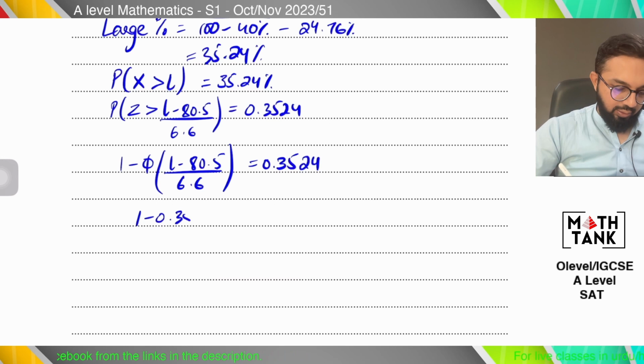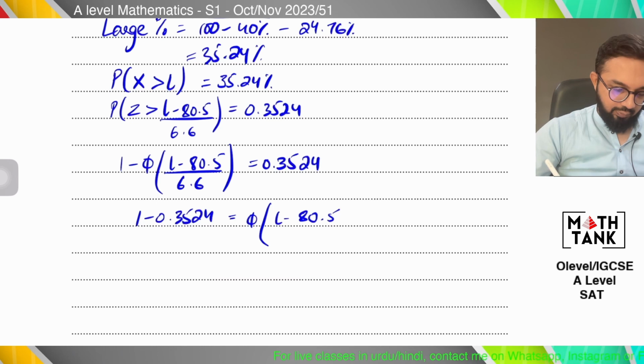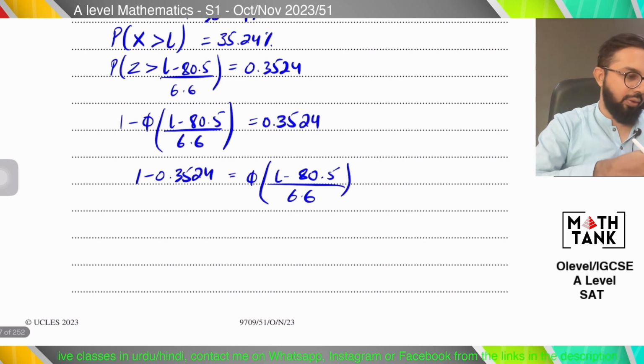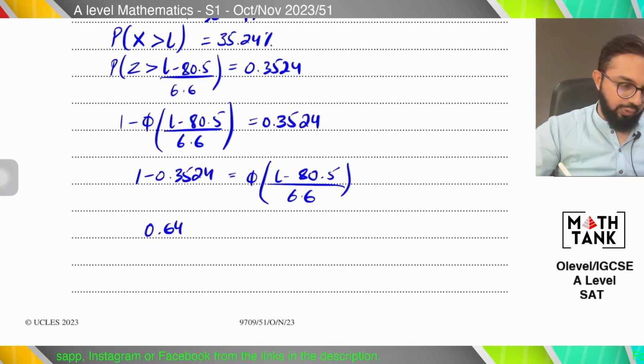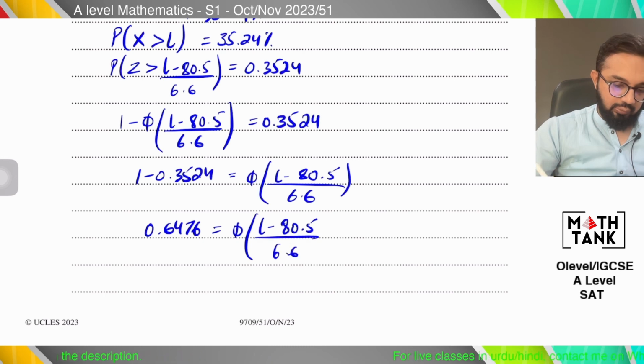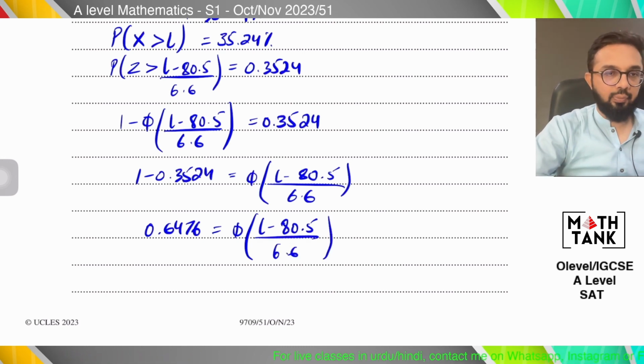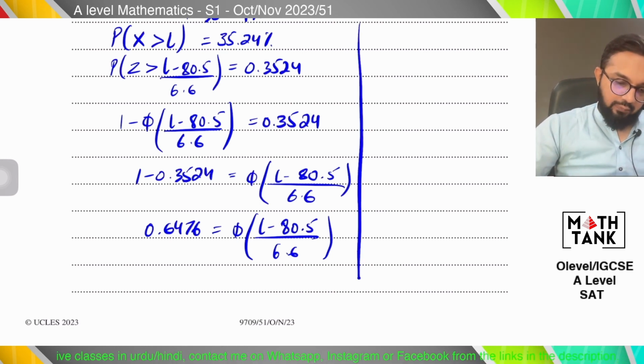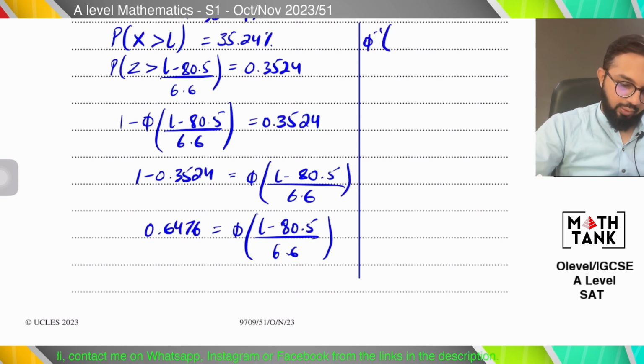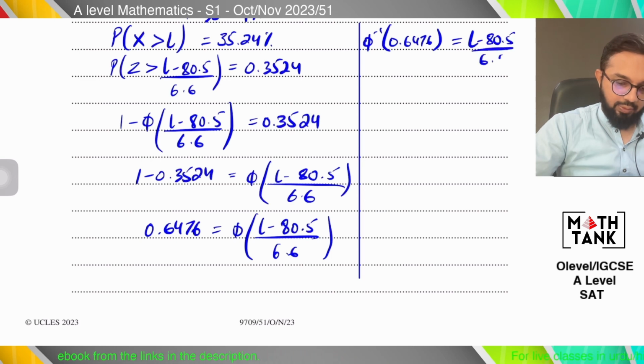So 1 minus 0.3524 equals phi of (L minus 80.5) over 6.6, which is 0.6476. Okay, so I then have phi inverse of 0.6476 equals L minus 80.5 over 6.6.